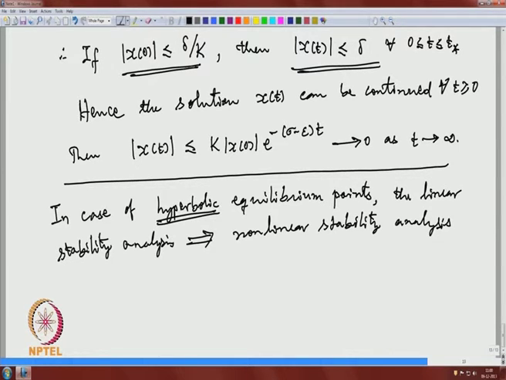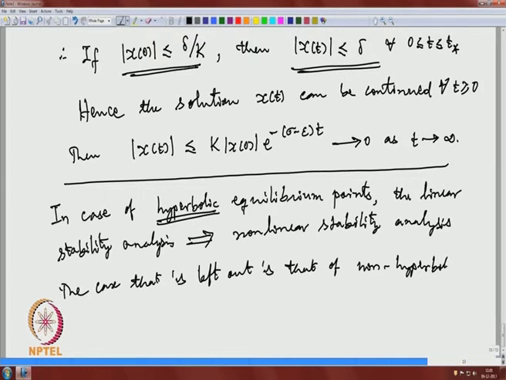So, the only case that will be left out is that of non-hyperbolic equilibrium points.